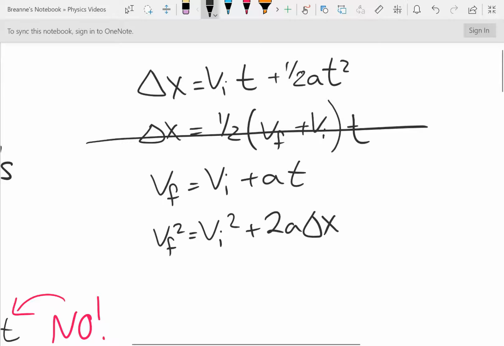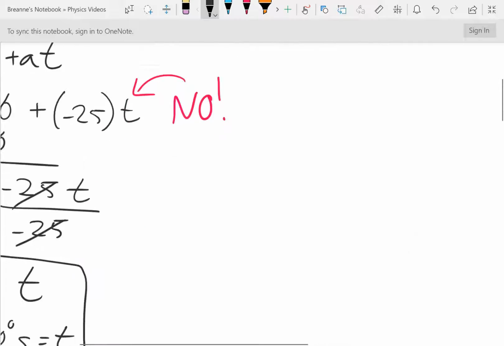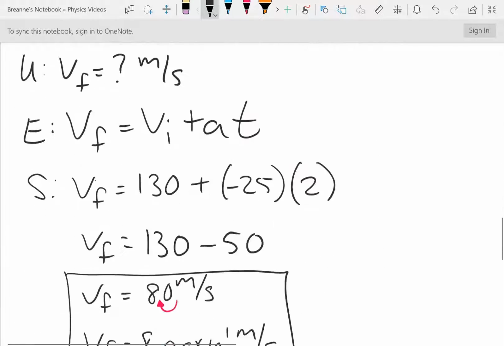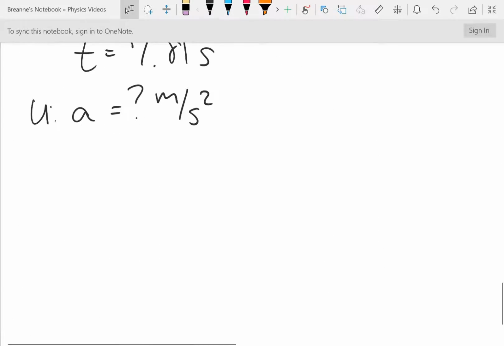Again, our givens, we are not given displacement, so we cannot use anything that has displacement in it. So we're left with the third equation again. So our equation is final velocity equals initial velocity plus at.